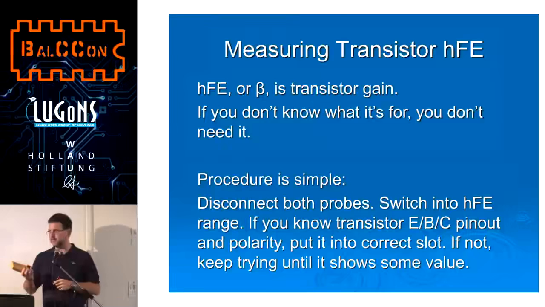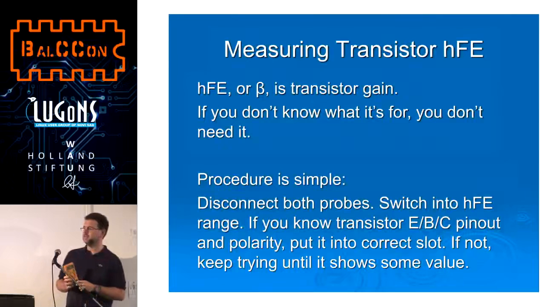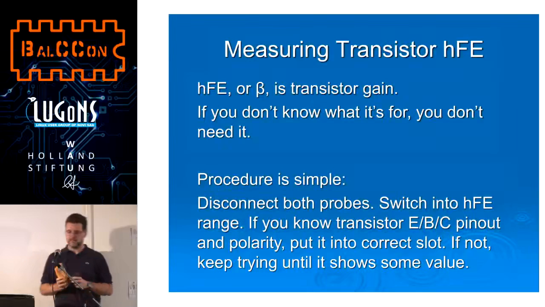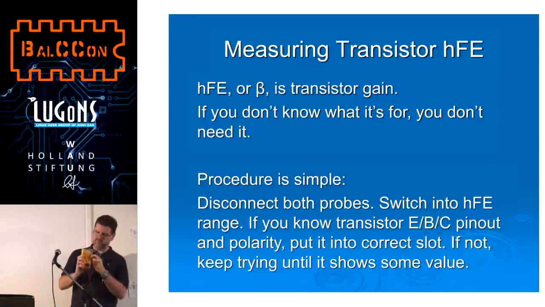Most of the cheap multimeters have transistor hFE, or beta, or gain measuring, and that's this little slot here with several pin slots. That's not very useful for most of you, because only some very specific analog designs need determination of the gain factor of a transistor.